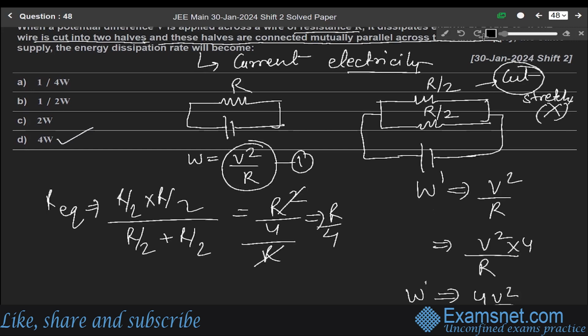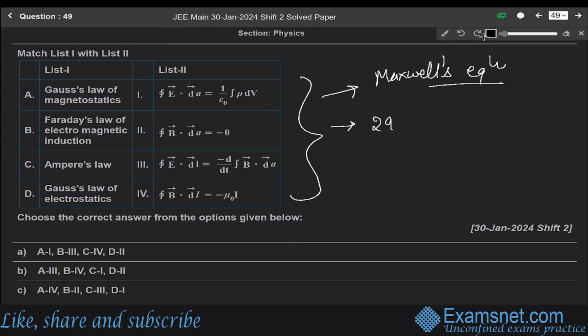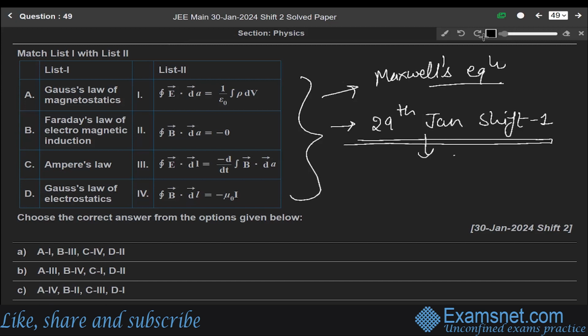Now next question 49. Match list 1 with list 2. These are Maxwell's equations. Students, the same question has been asked in the 29th Jan shift 1 2024 paper. The first one is Gauss law of magnetostatics.